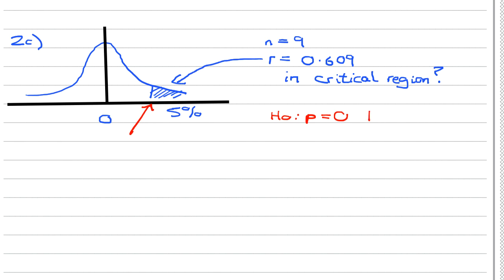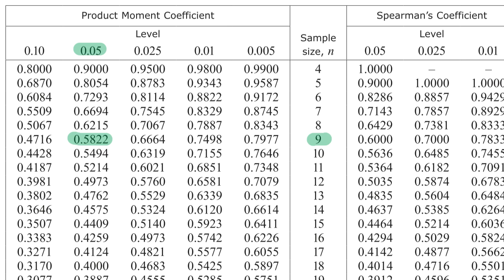And then our alternative hypothesis, H1, we're going to test for P greater than 0, because we're at the right-hand tail of the test here. And we're going to use a 5% significance level. So what we need to do is find this value from PMCC tables. And I'm going to show you how to do that now.